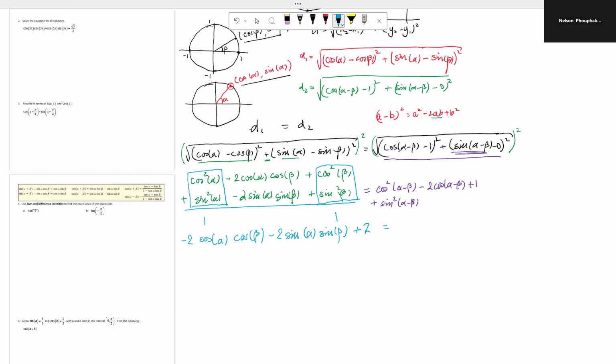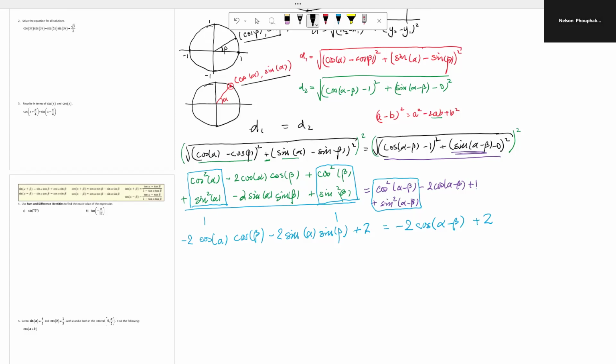Which is equal to, this one is 1 plus 1 is 2, negative 2 cosine of alpha minus beta, and then we add 2.